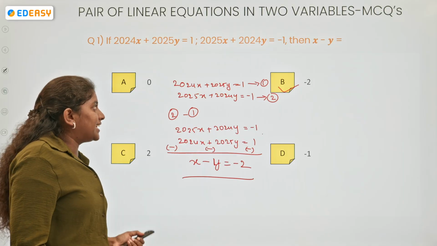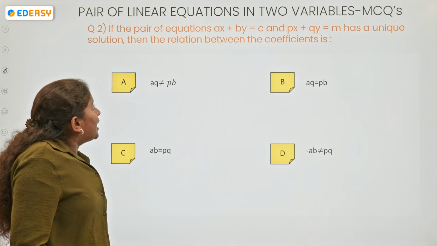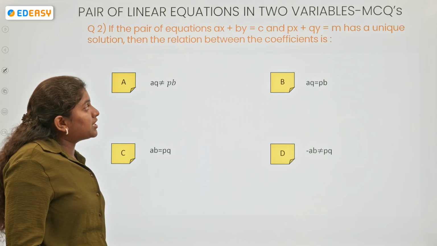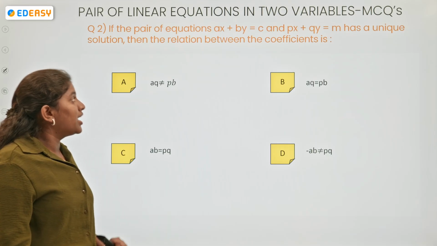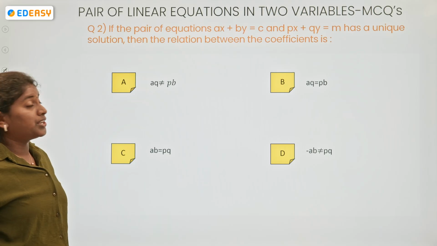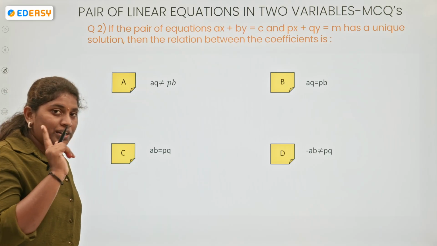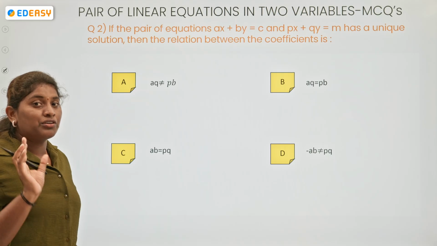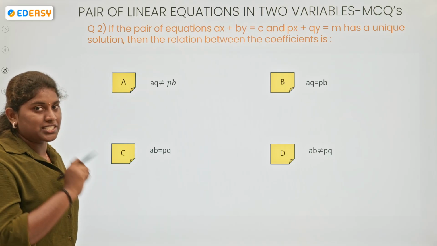Clear? Yes. Now, if the pair of equations ax plus by equals to c and px plus qy equals to m has a unique solution, means only one solution, right? Only one solution means what will be the relation between the coefficients?